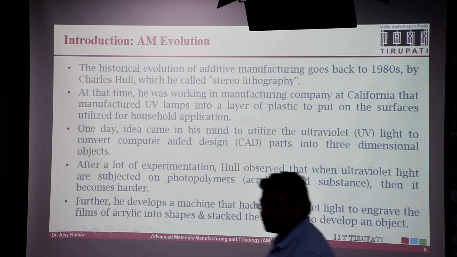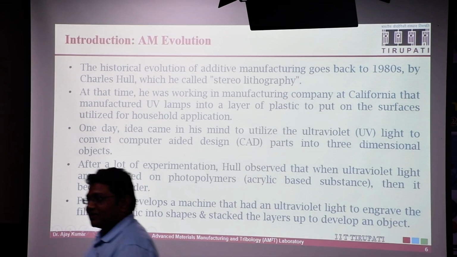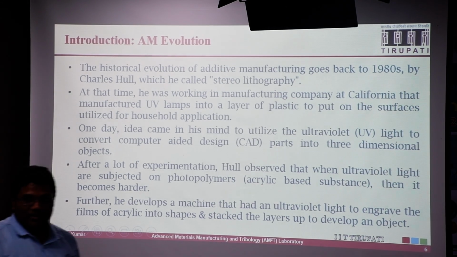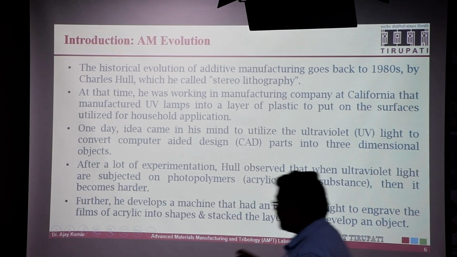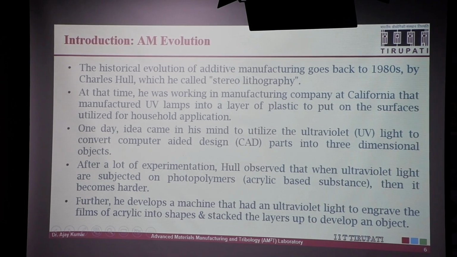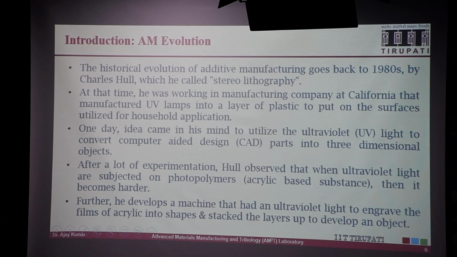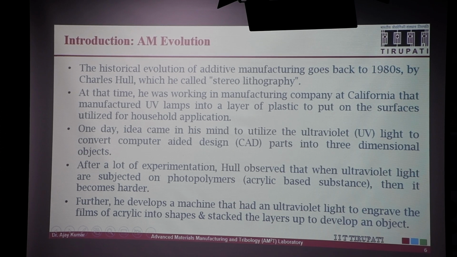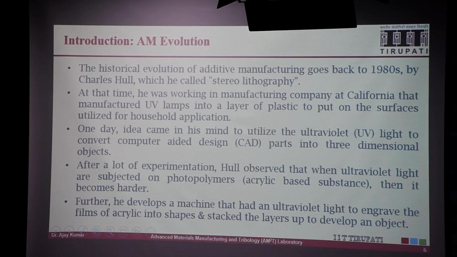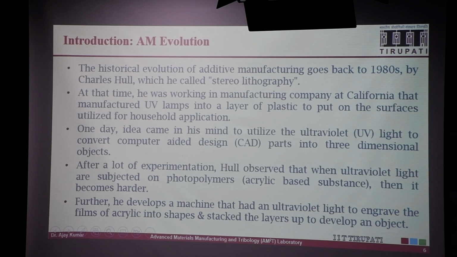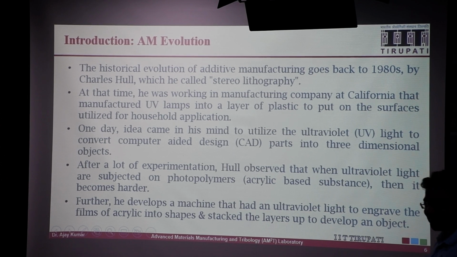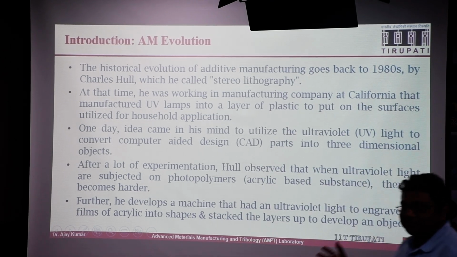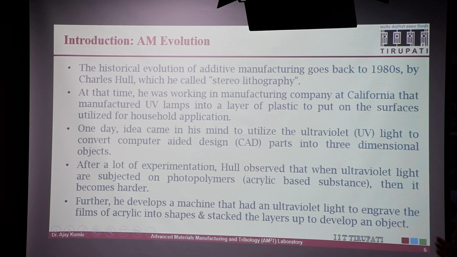Basically, you have the heat source, you are melting the material, and after that you are solidifying it, then it becomes hard. After a lot of experiments, he later developed a machine that had an ultraviolet light to engrave films of acrylic into different shapes.